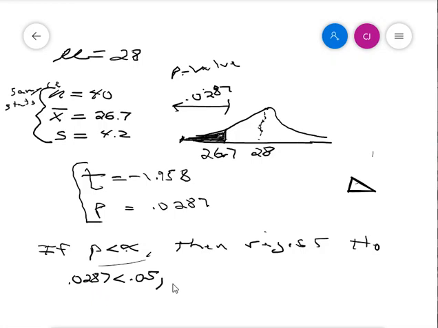If this is less than this, that means we're going to reject, right? P is less than alpha. We're going to reject H sub 0. In our case right up there, H sub 0 is simply that the mean is equal to 28 miles to the gallon, okay?